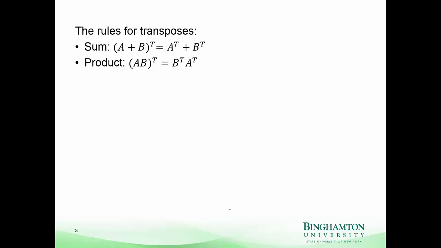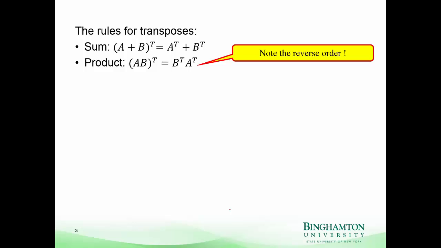The transpose rule for products works sort of like the inverse rule for products. So the transpose of AB becomes B transpose A transpose, and the order reverses.